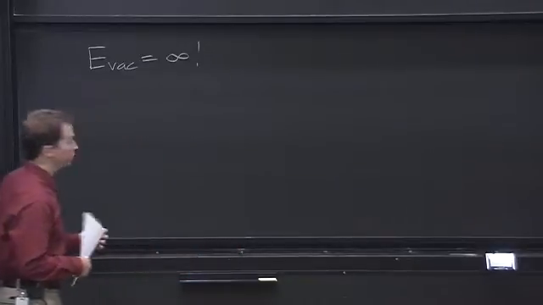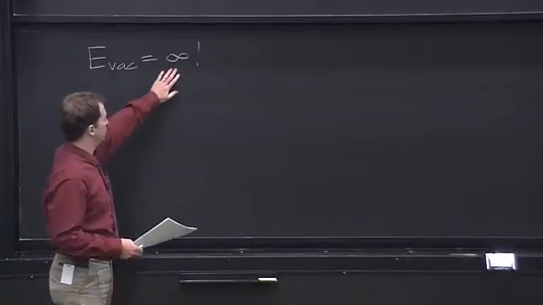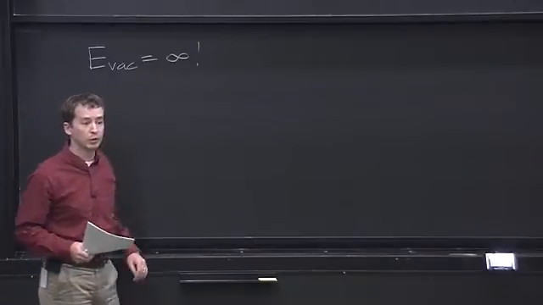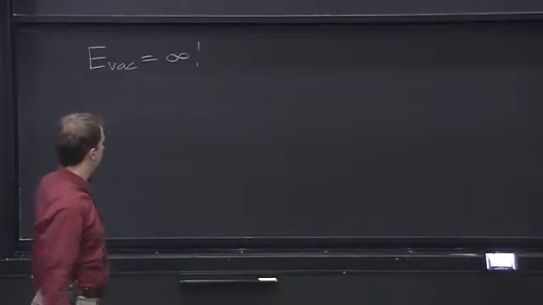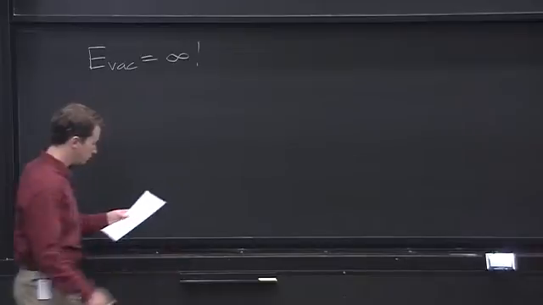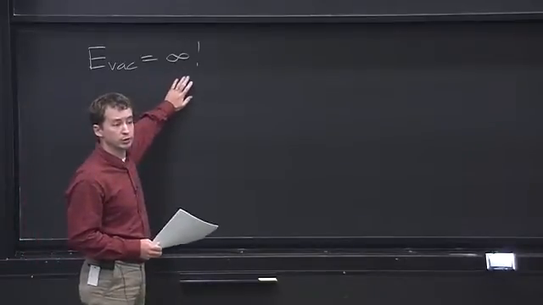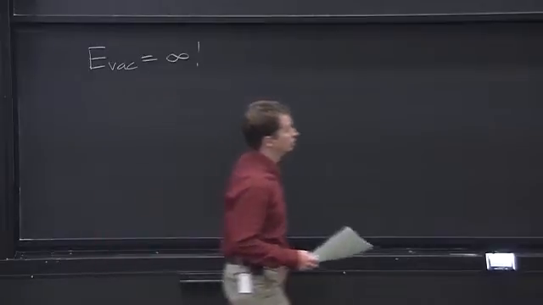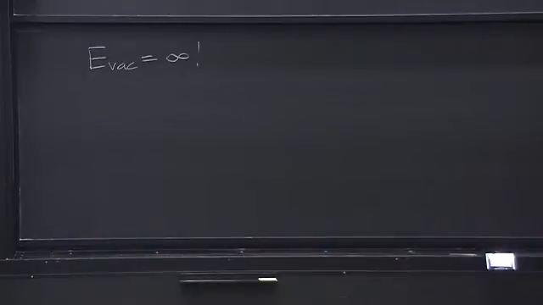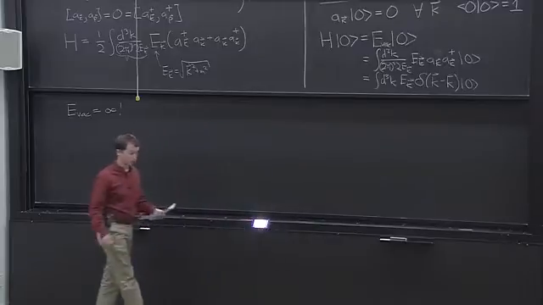Okay, so let's try to understand what's going on here. Did we make a mistake somewhere? And if not, what's the physical interpretation? In fact, there are two different divergences here: one coming from the delta function, and a second one coming from the integral over the energy.